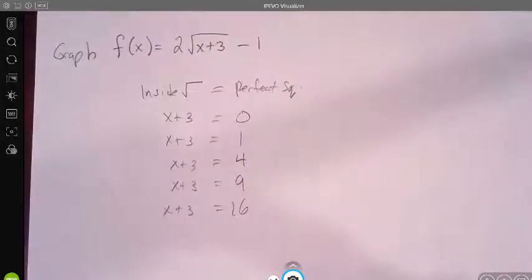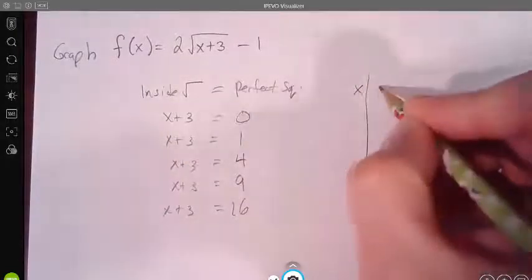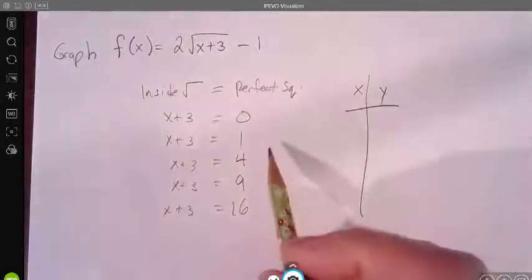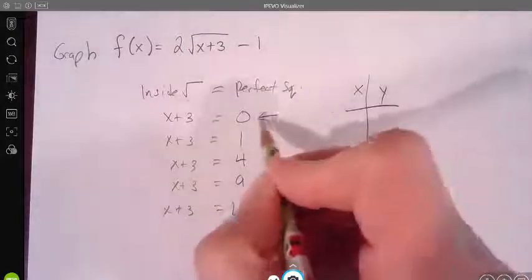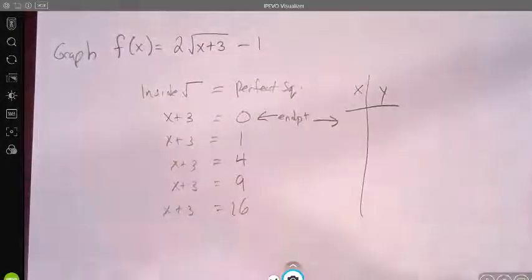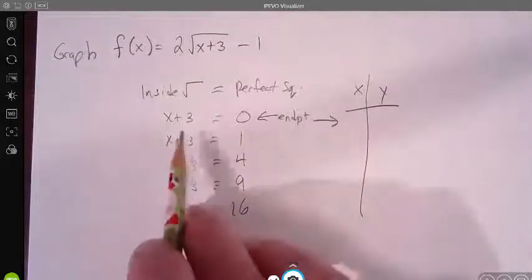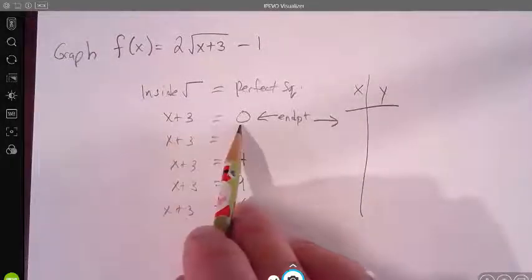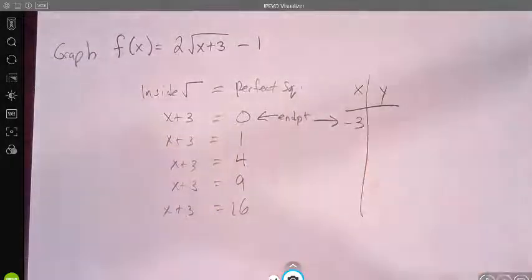Those are the kinds of numbers I want to have as a result of figuring out x plus 3. By the way, this is going to give me my endpoint. If x plus 3 equals 0, that means x has to have been negative 3.